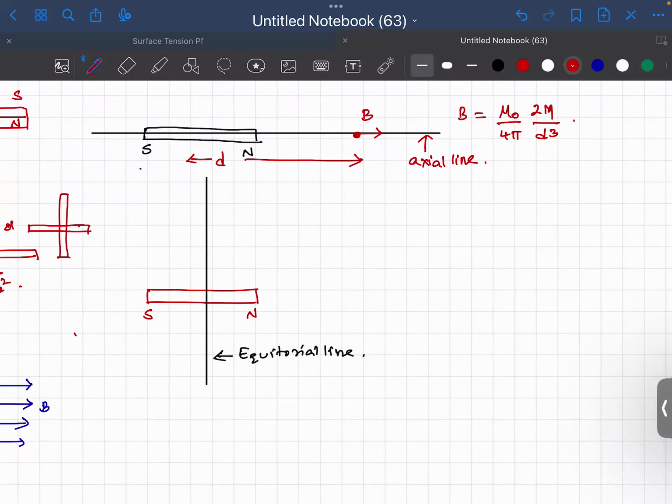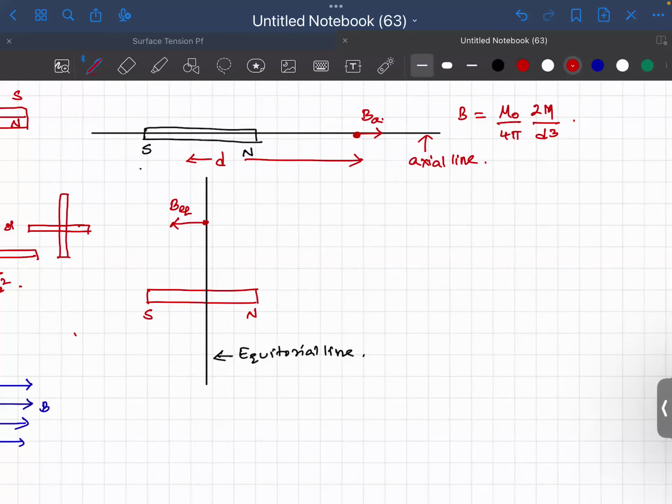I am not teaching anything new. Try to correlate whatever I am discussing here with the dipole conditions of electrostatics. In a dipole, you will find the field on the equatorial line perpendicular to that.